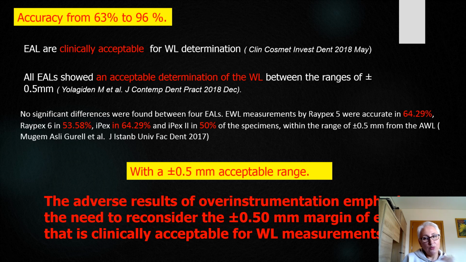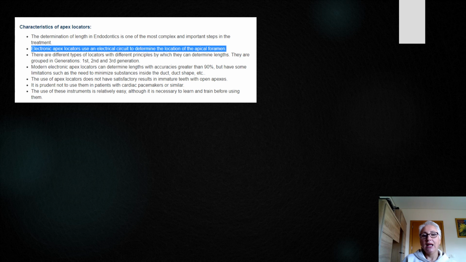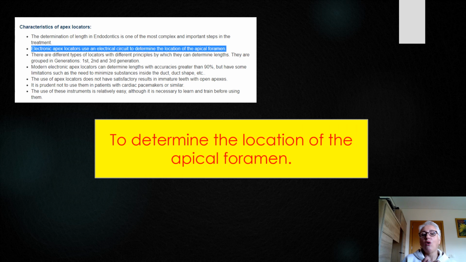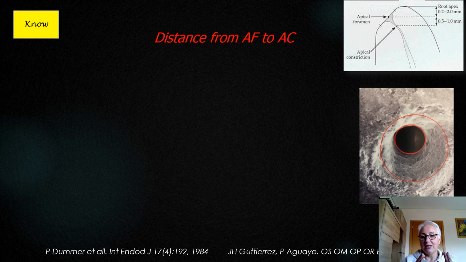So, could we accept this measurement range of 0.5 millimeters? I think this margin should be reconsidered if you want a really right working length measurement that is clinically acceptable. All apex locators determine the apical foramen, and that is very easy, but the main question is that we don't need the apical foramen.